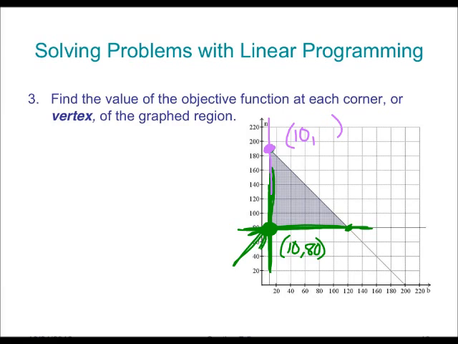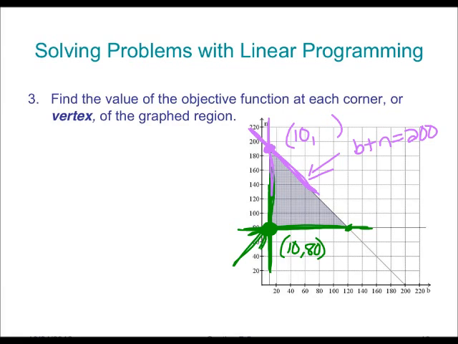So you have to remember where this line came from, because that's what we're looking for, is where those two lines cross. The equation for this line was b plus n is, I'm going to say equal to 200. It was an inequality, but I'm looking for the line, not the shaded region, so I'm going to say equal to 200.